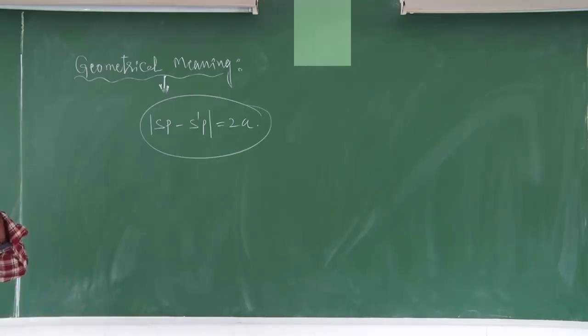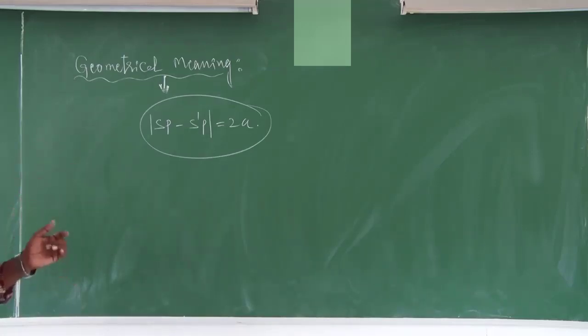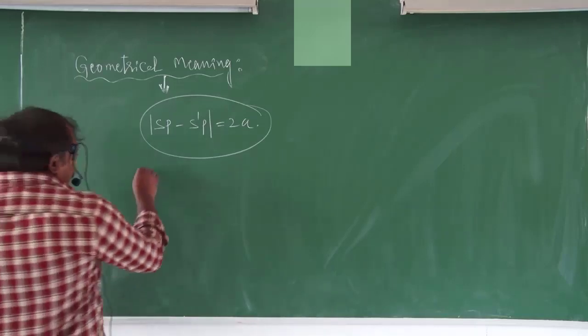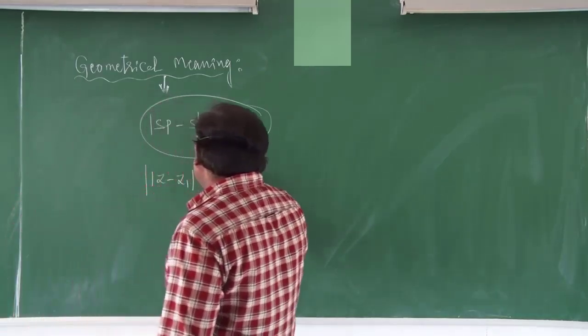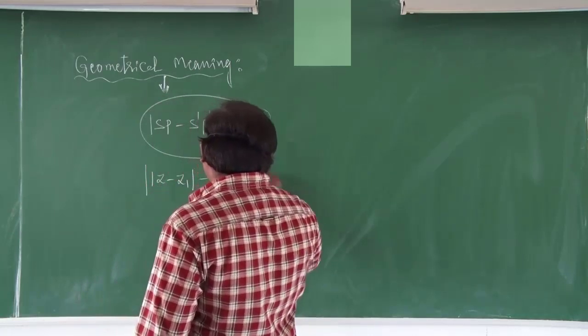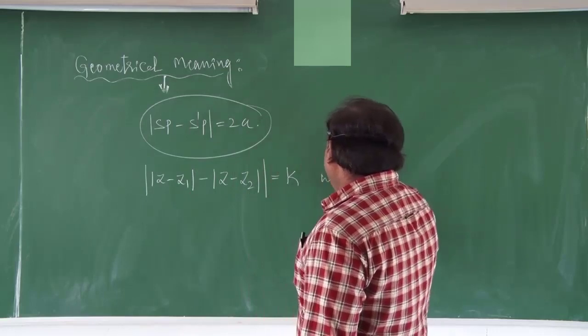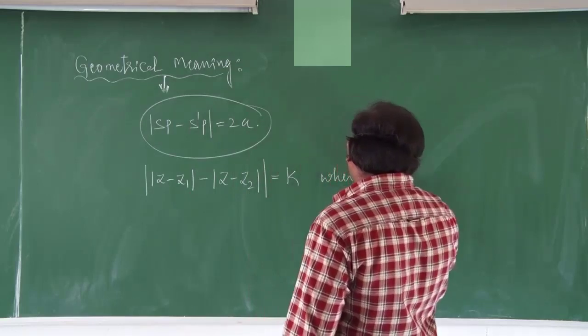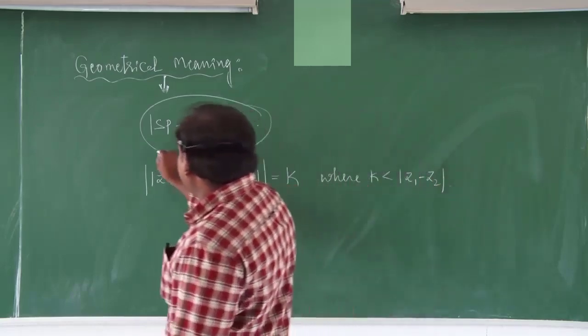Now, in complex numbers, how can you represent the hyperbola equation? For the hyperbola, modulus of Z minus Z1 minus modulus of Z minus Z2 equals some constant value K, where the K value is less than modulus of Z1 minus Z2.